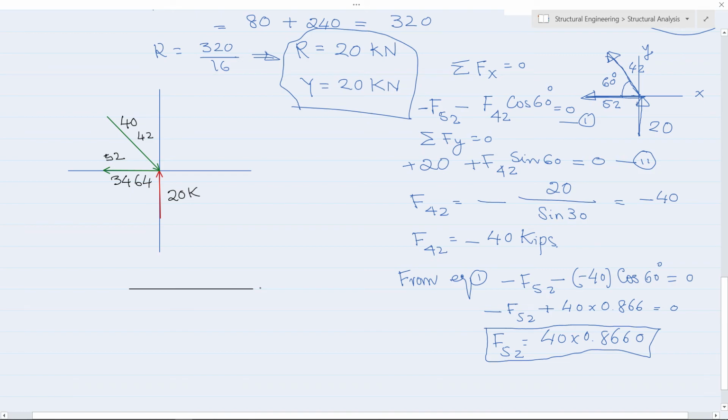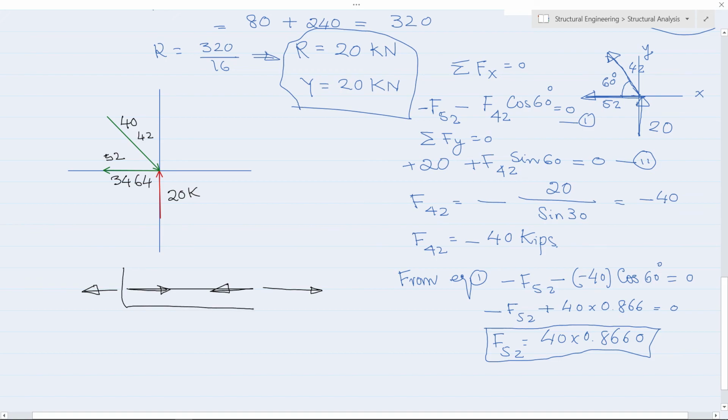This member number 52 has a node over here, another node over here, and the reactive force is something like this. That means the applied force is something like this. This applied force is coming as a component of this one. And on the other side of the member, of course, the reaction force will be here and the applied force will be in this direction.